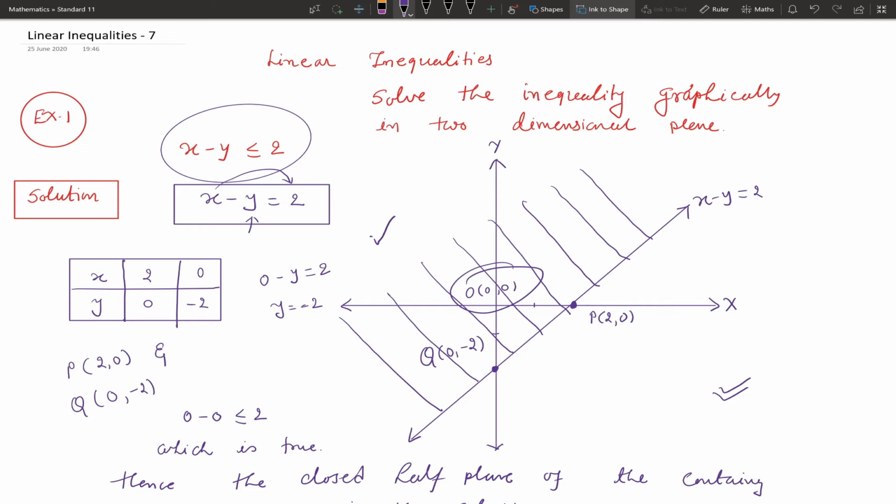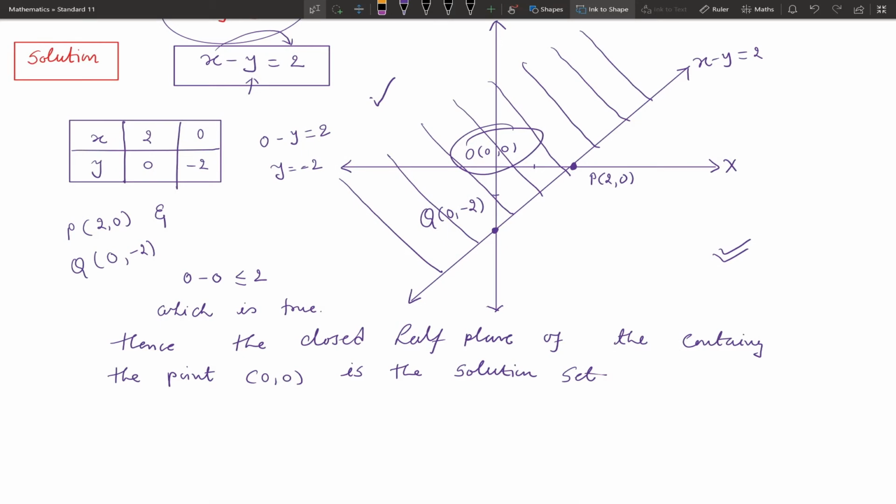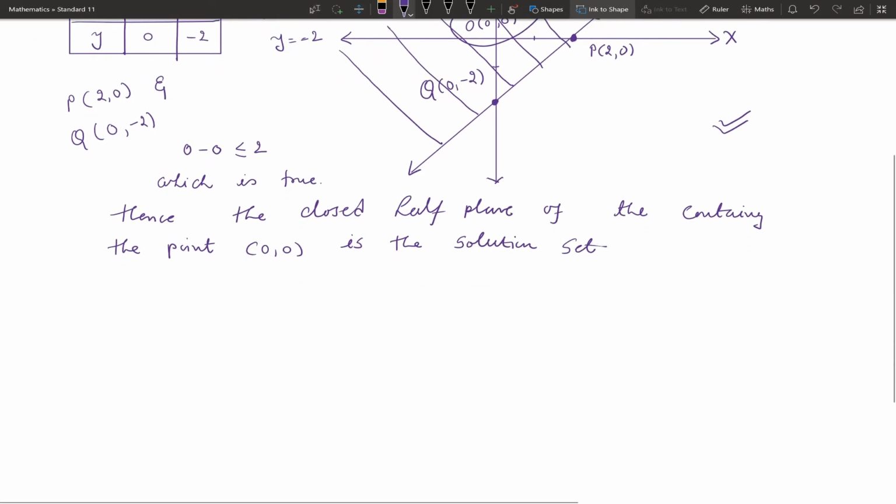You draw the line and which half, whether upper or lower, that can be checked by taking points not lying on the line. Generally, if the line is not passing through origin, then we will check the inequality by the coordinates of the origin. Second example.